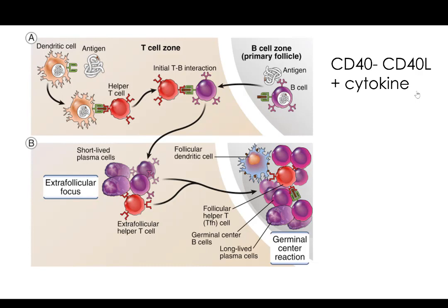It sends cytokines out that draw activated T cells to it. So we're going to have these short-lived extrafollicular T helper cells come out, and when they're activated, they're going to upregulate CD40 ligand.